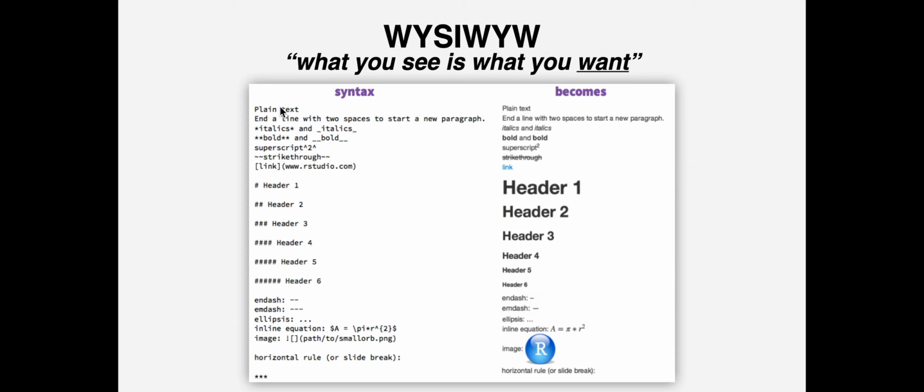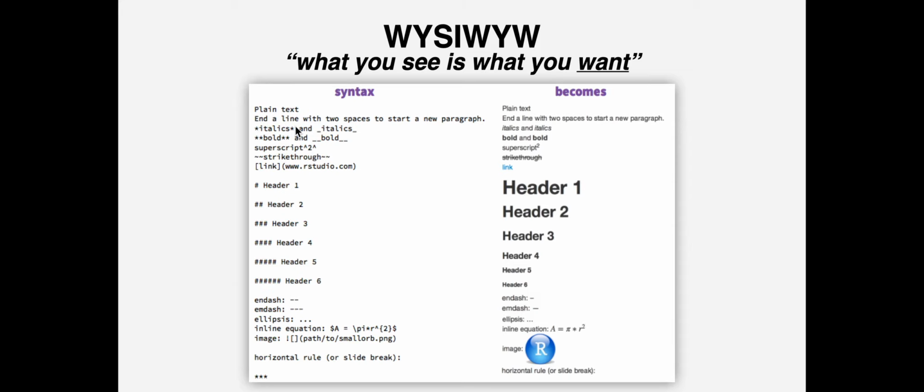So for example, this is markup syntax on the left-hand side, and what that syntax will result in on the right-hand side. So if I want a level 1 header, I can put a pound sign in front, and it'll make it big and bold. And I can control that, making level 2, 3, 4, etc., each of these making a smaller header.